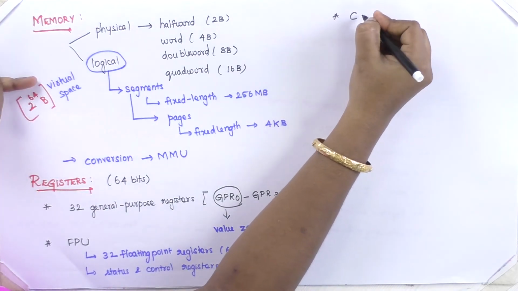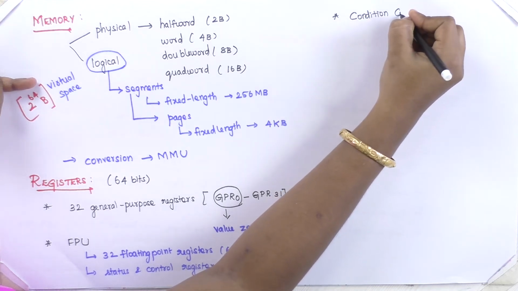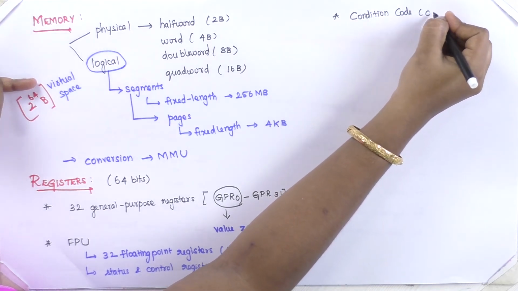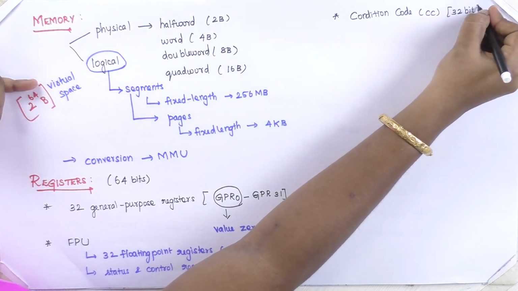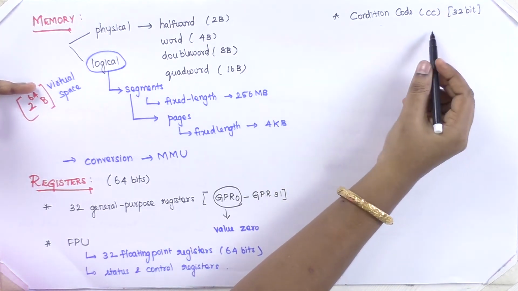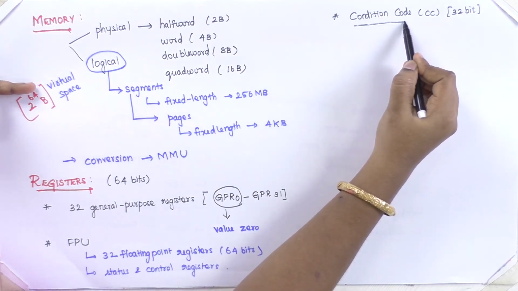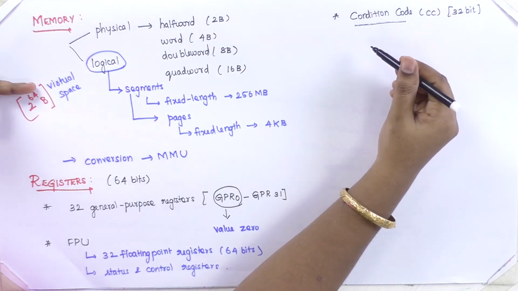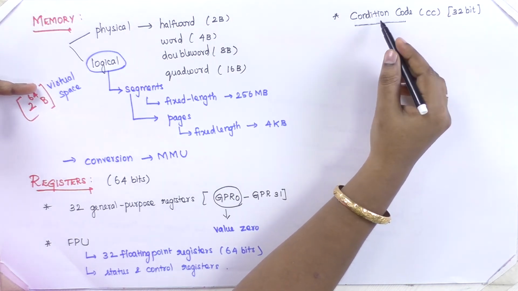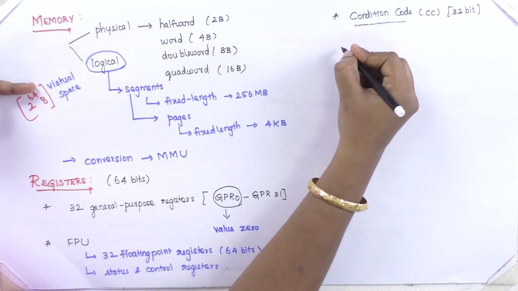Then condition code registers, CC registers, are also there. This is of 32 bits. Our condition code registers will reflect the result of certain operations and can be used as a mechanism for testing and branching. So it will store the result of our testing and branching.